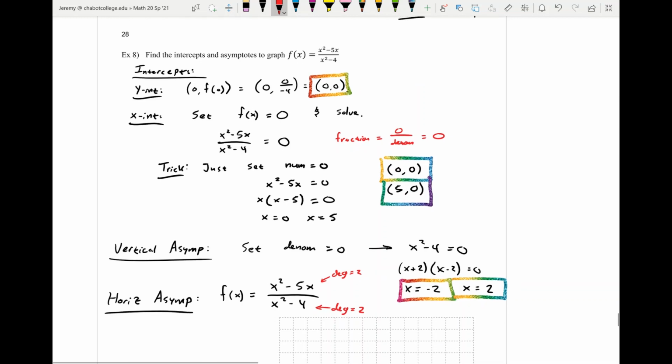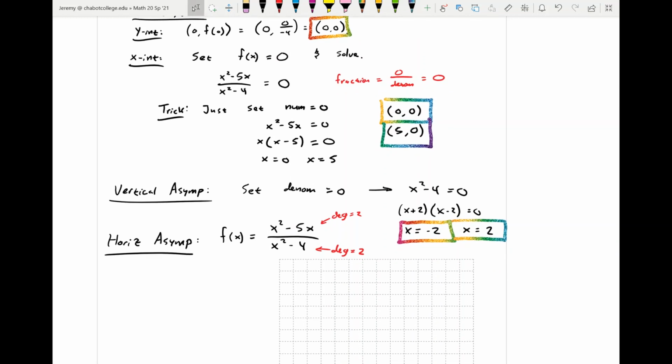Since the degree of the numerator and denominator are equal, the horizontal asymptote is just the ratio of the leading coefficients.